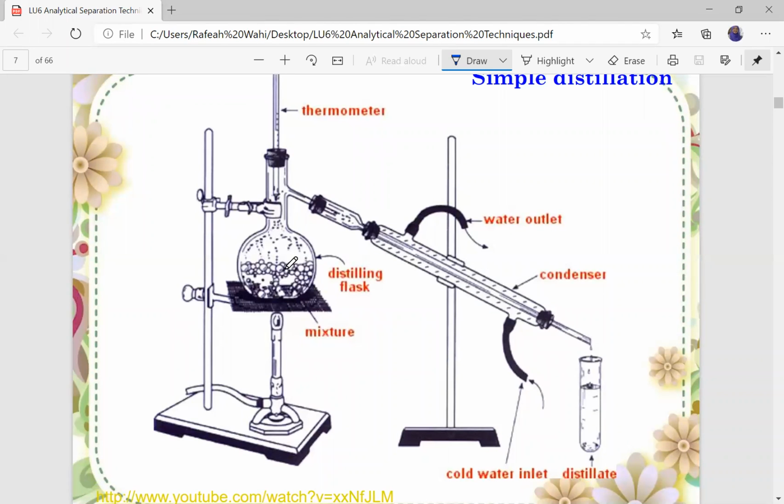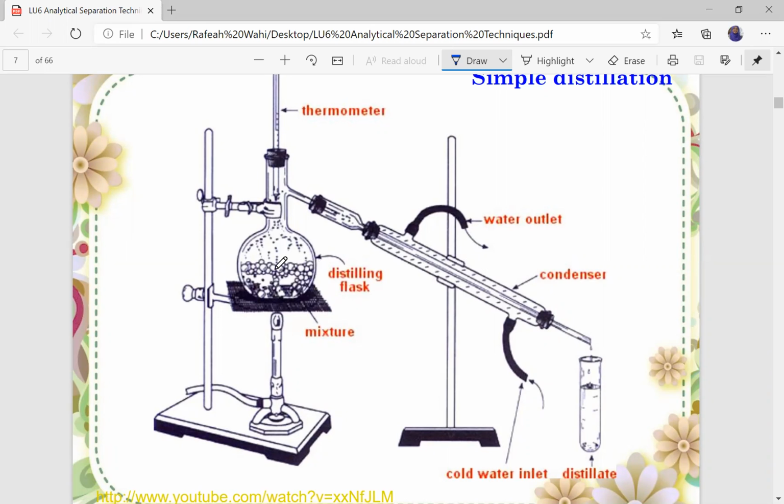Let's say you have a mixture of water and hexane in this distilling flask. Hexane has boiling point of about 60 degrees Celsius, but water has boiling point of about 100 degrees Celsius. So what happens when you heat the mixture of water and hexane at 60 degrees Celsius?